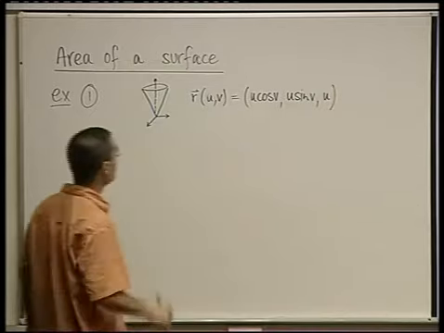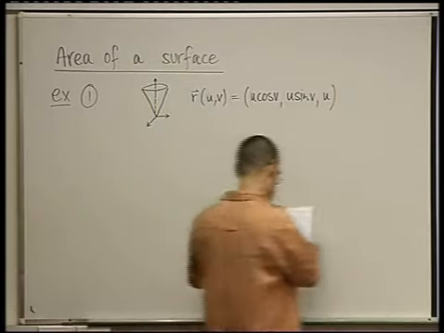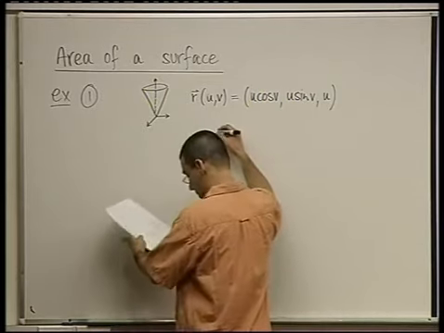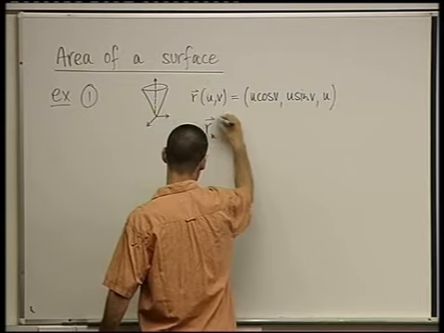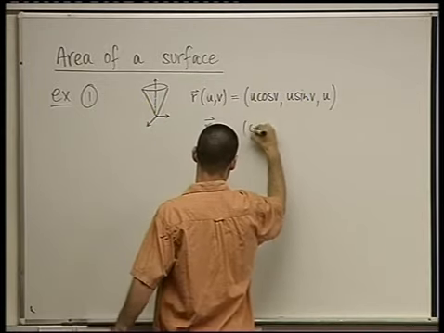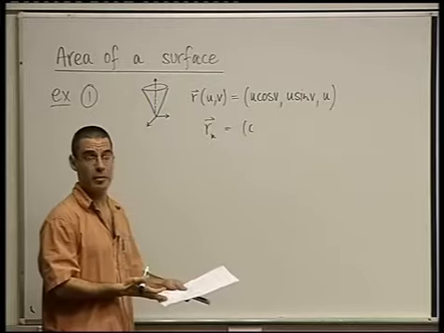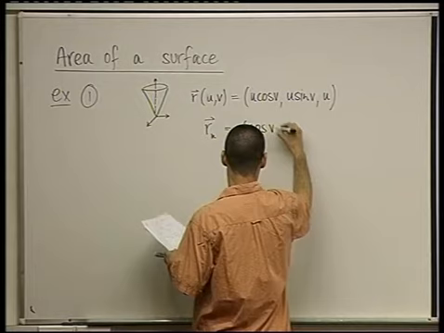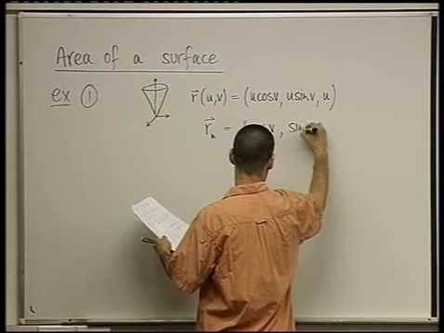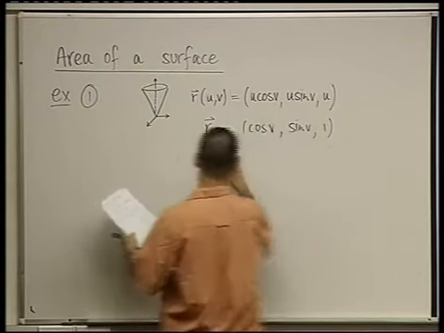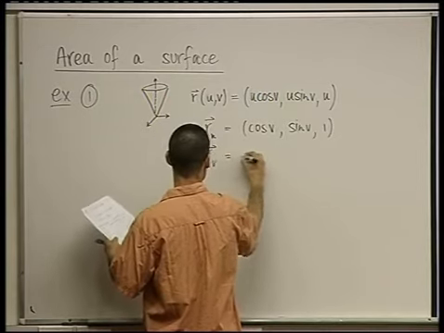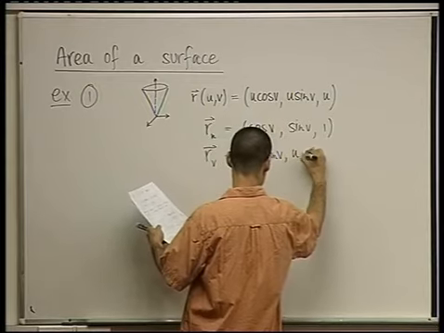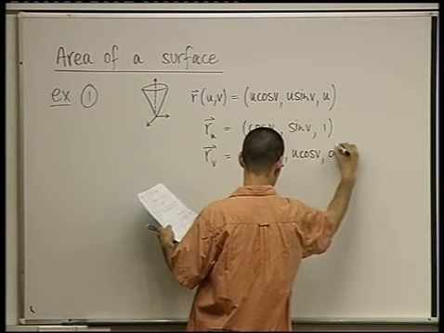And we found Ru and Rv. I'm copying this from my paper, but calculating it is just as easy and quick. So I'm going to write it, and you're going to verify that I'm doing the right thing. So this is Ru. Rv is minus u sine v, u cosine v, and 0.